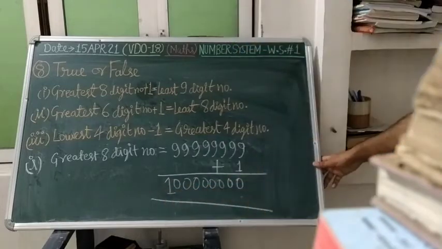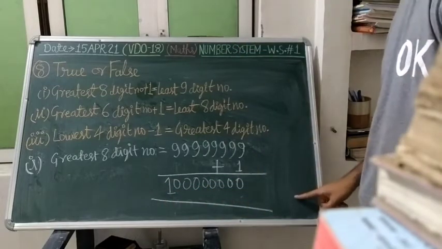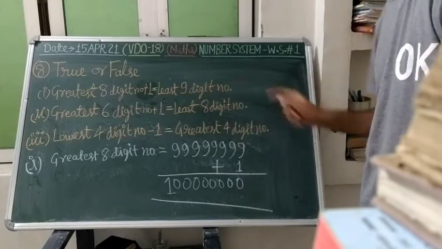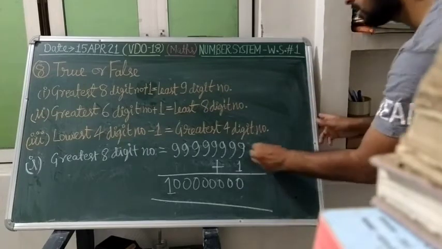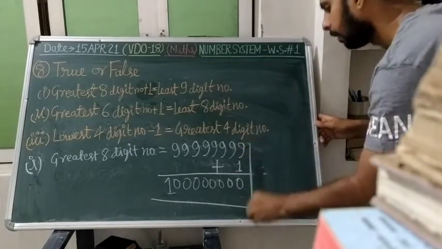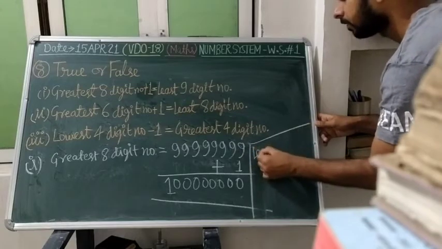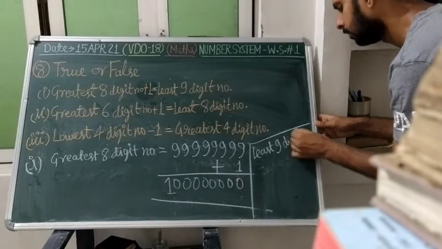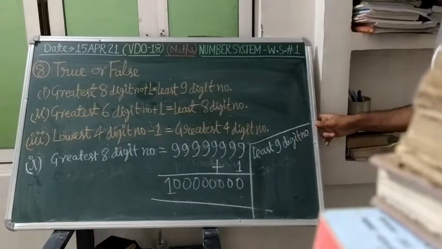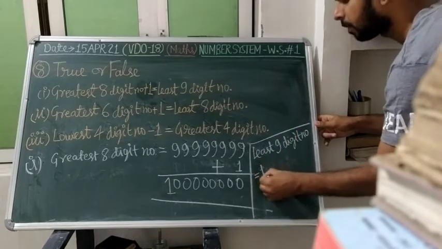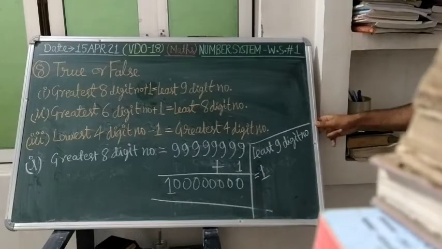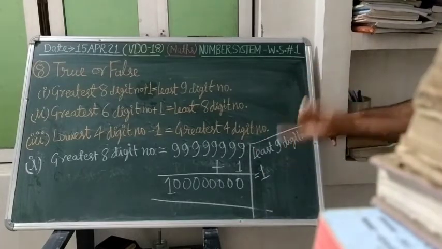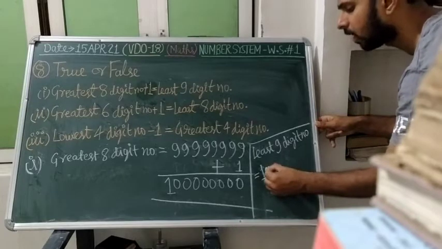So they are asking whether it is equal to the least 9-digit number. How will you write the least 9-digit number? You will write 1 followed by n minus 1 zeros. N minus 1 means 9 minus 1, which is 8 zeros on the right side of 1.